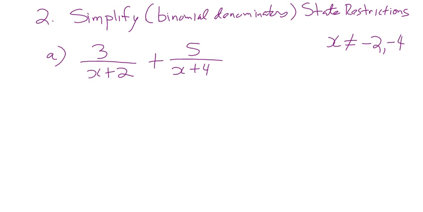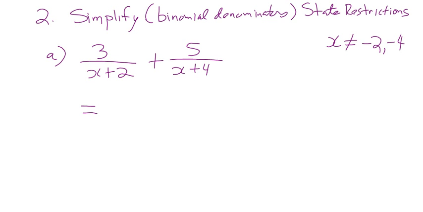Okay, so what is our common denominator going to be? I'm going to do this old school way, and then the next one we'll do new school way, and you can choose which way. So what's our common denominator? Nope.